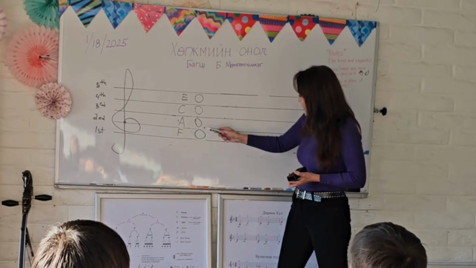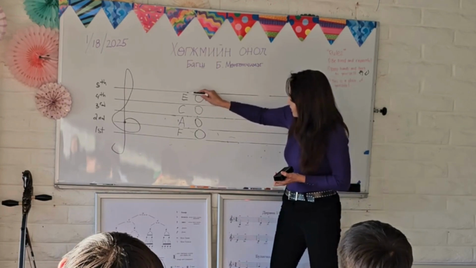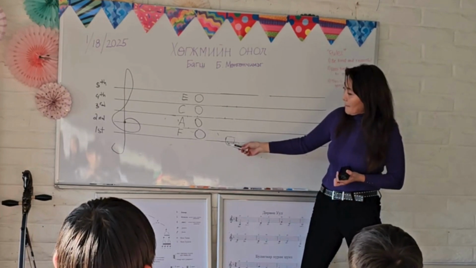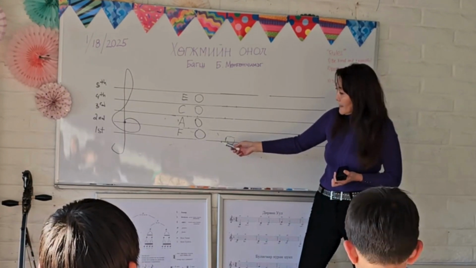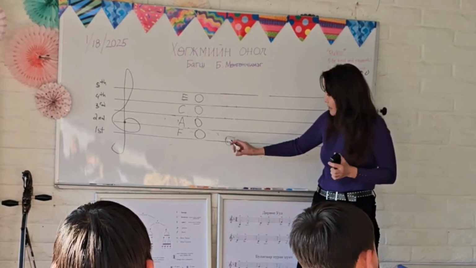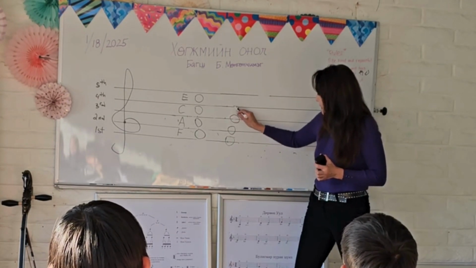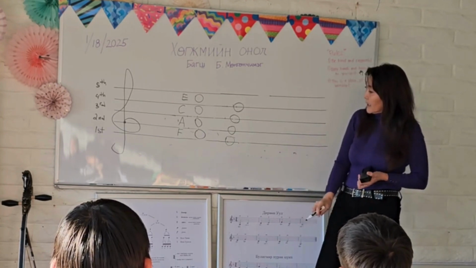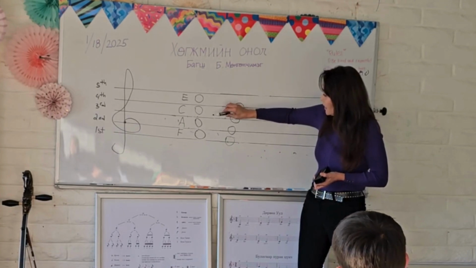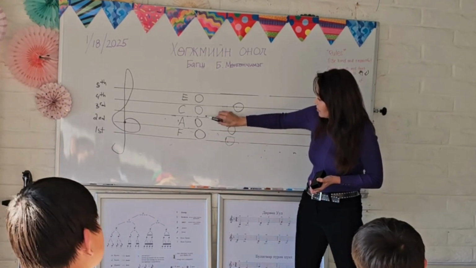So what will this one be then? Now since you have this, it's like your helper. Let's try to find out what these are. It's always easy to go from A, either down or up.